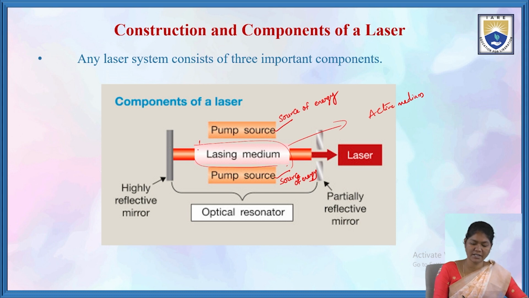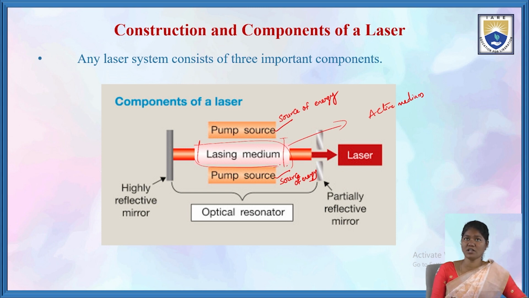And then there is an active medium here, where the stimulated emission takes place. Through the source of energy, the atoms in the active medium get excited. When these atoms fall back to the ground state, they emit photons.